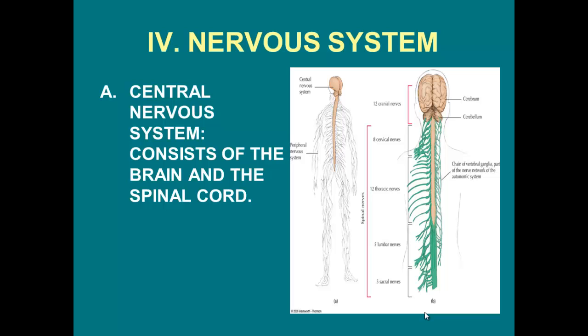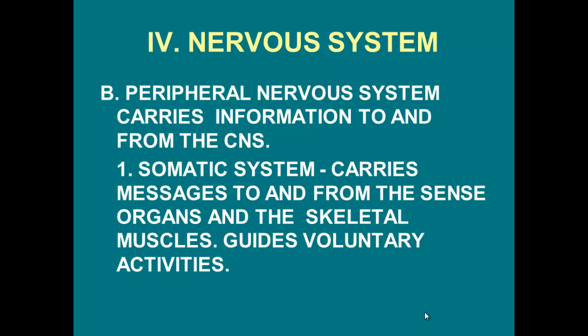Look at this picture over here. We have the brain, the spinal cord, and then what comes off from the spinal cord and the brain is the peripheral nervous system. So messages start up here, decisions are made, and then sent out through the nervous system to different parts of your body, telling your body to do X, Y, and Z. The peripheral nervous system carries information to and from the central nervous system, as I just showed you on the previous slide.